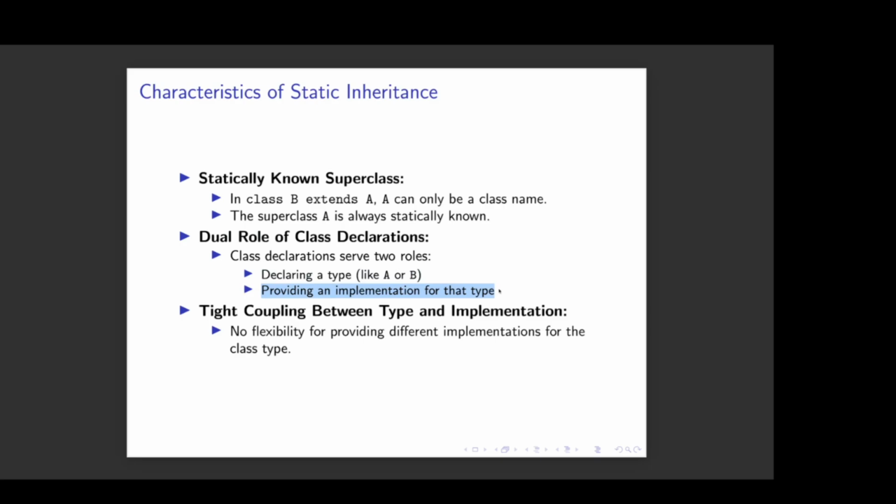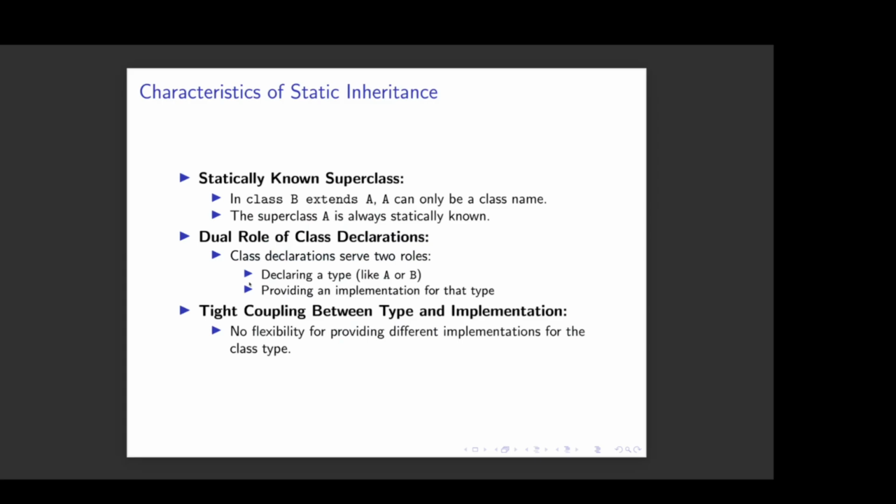So there's a dual role in these class declarations, and one thing to notice about this dual role is that there's a tight coupling between this type that we are creating and this implementation. They are inseparable in some way, right? So here, when we say class A contains these methods, we are both defining the type that has this interface together with these concrete implementations.